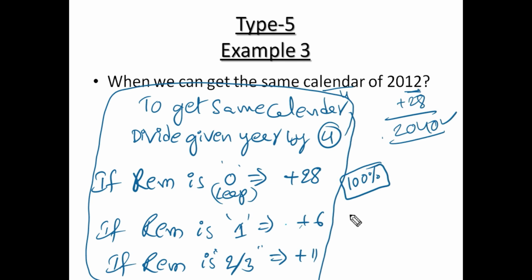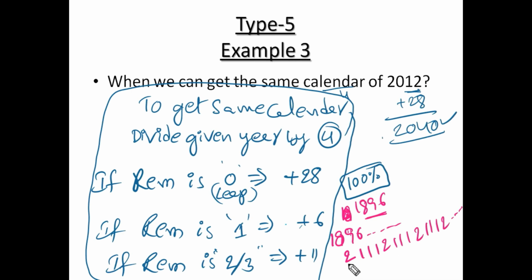What is the repetitive calendar of 1896? 1896 is a leap year. That's why the number of odd days are 2, 1, 1, 1, 2, 1, 1, 1, 2, 1, 1, 1, 2. So is this sequence correct?